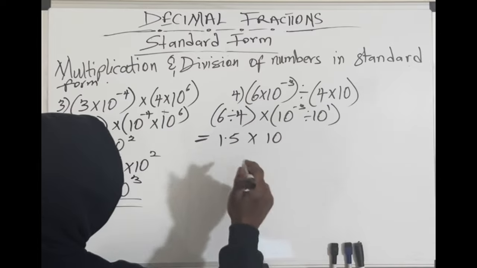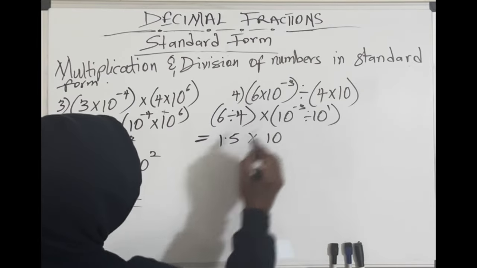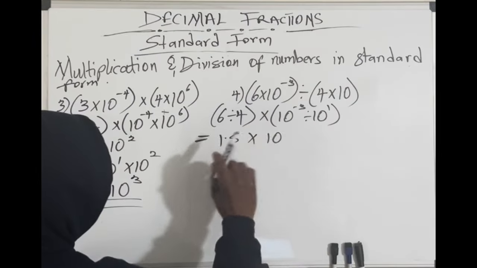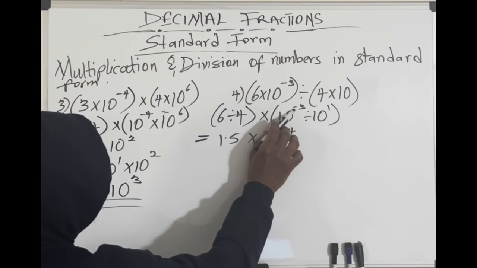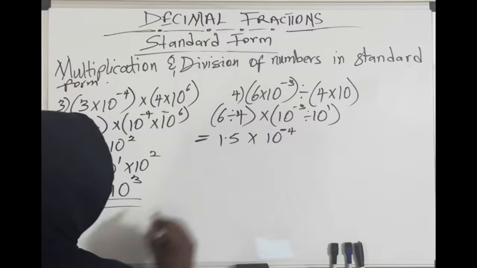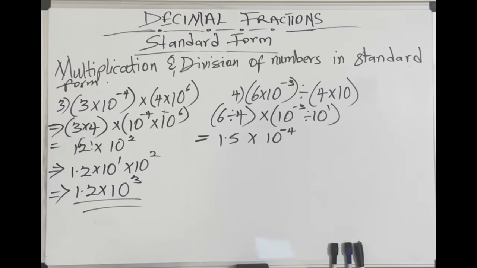Now we are subtracting, okay, minus 3 minus 1, the same signs, so we'll add, making what? 4. 3 has a negative sign, so negative 4, okay. And then looking at 1.5 times 10 raised to the power negative 4, it is already in standard form, so there is no need to continue working. This will be our final answer, okay. All right.